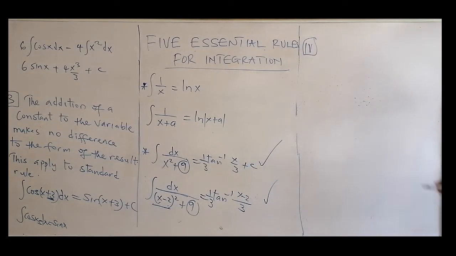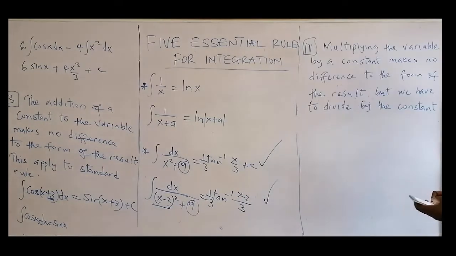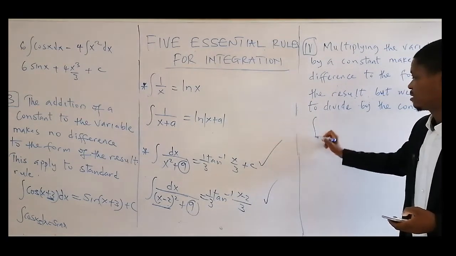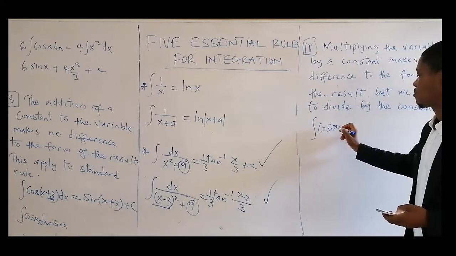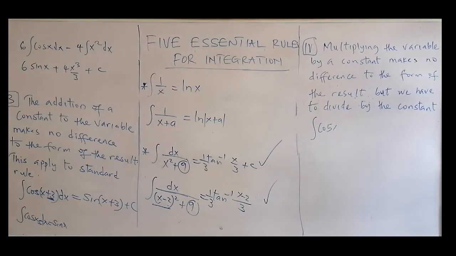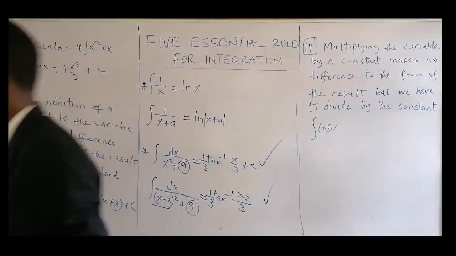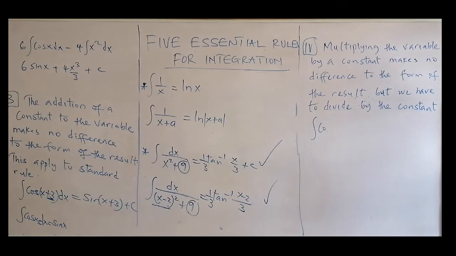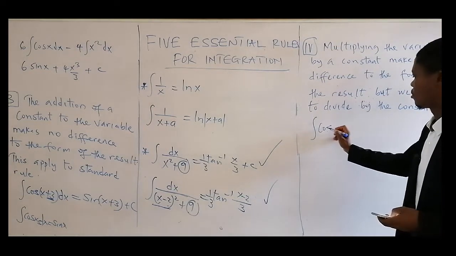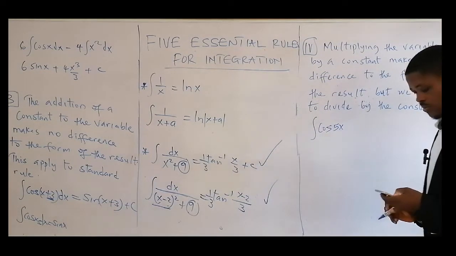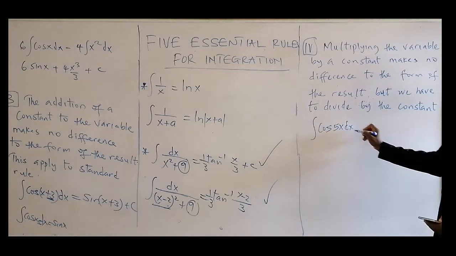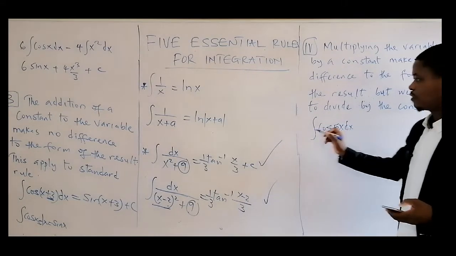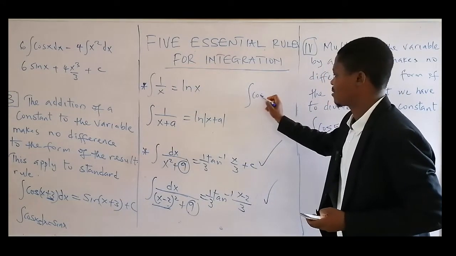Okay. Number 4, multiply. What this rule is saying is simple. Look at this: the integral of cos 5x dx. You can see that we are multiplying the variable by 5. For the table, we have cos x.